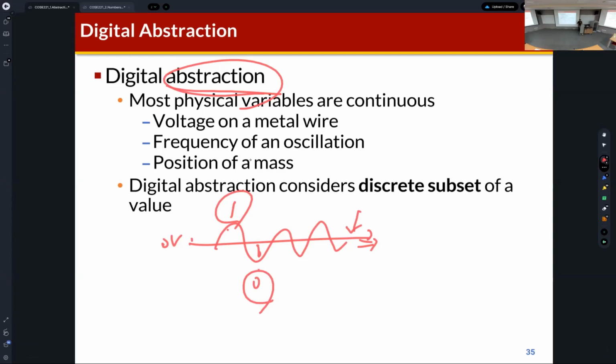So these values are discrete values. We can also say that these values are simplified values. So that is the digital abstraction.